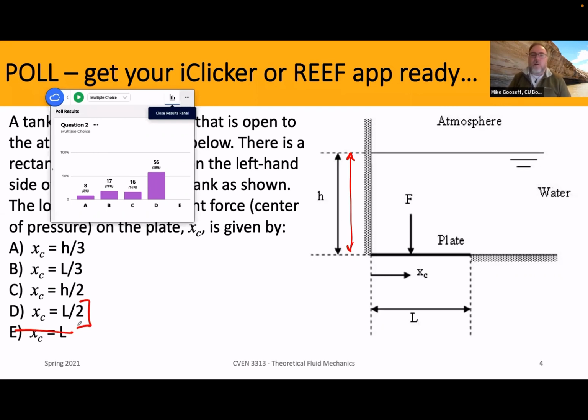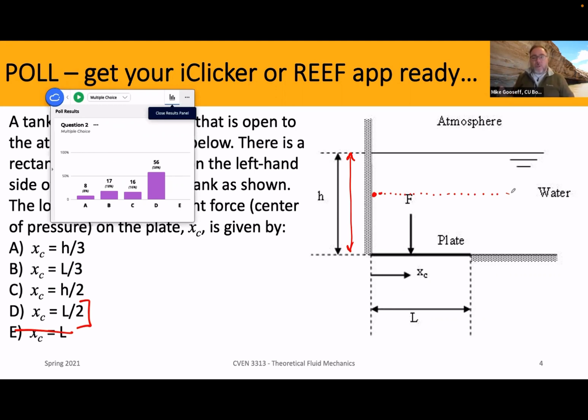When it comes to pressure, remember that at the same elevation, the pressure is identical. So if we were here, all pressures at that elevation are the exact same because we said that dp dx or dp dy, so the pressure change in either of the horizontal directions, is zero.